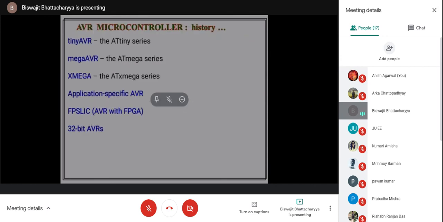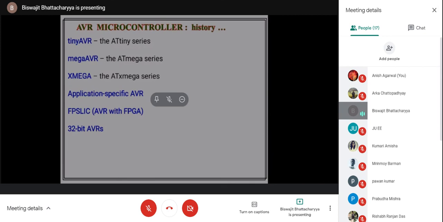Now, in our case, we will discuss the AVR microcontroller. Why AVR microcontroller? There are different types of microcontrollers available, but AVR is in fact one revolution in the field of microcontrollers.